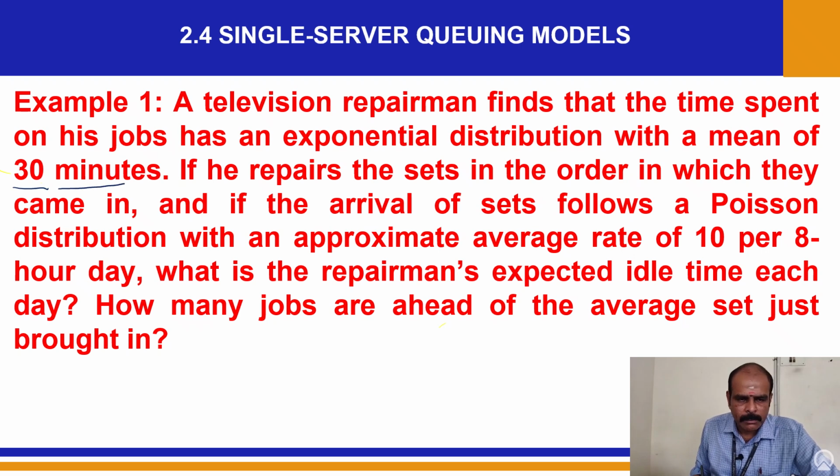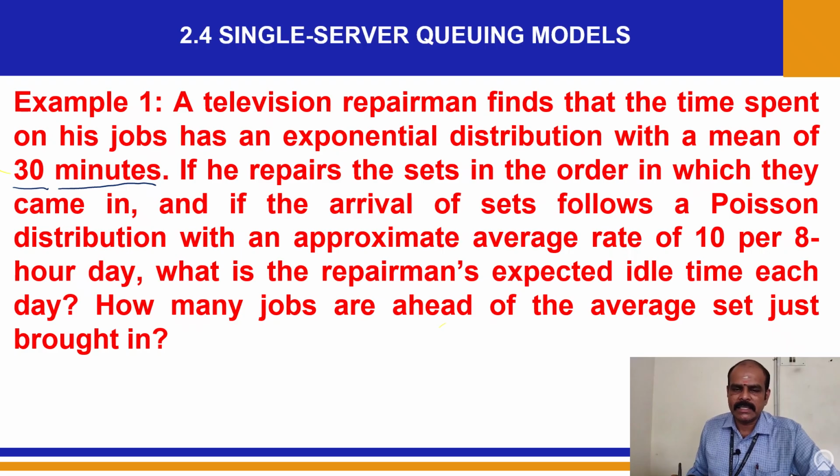So 30 minutes, this is the first data we have got. Exponential distribution with a mean of 30 minutes. So it is the time spent, which means the service time spent on his jobs is 30 minutes.